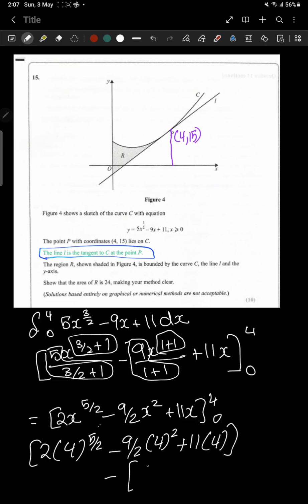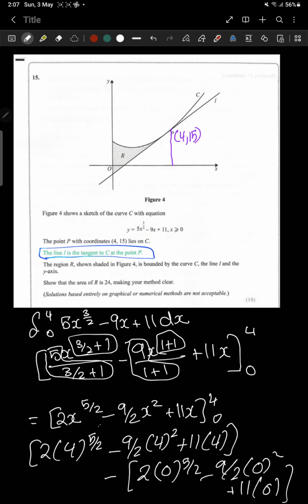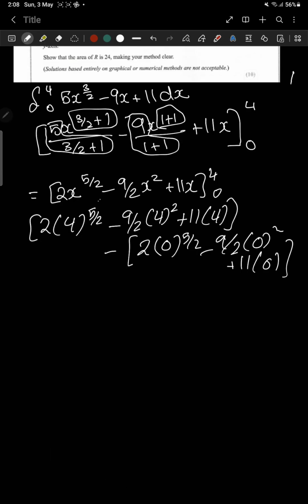The lower limit is 0, so that's just basically 0 now. Let me simplify and see. If I substitute this into the calculator, I have 36. Good.